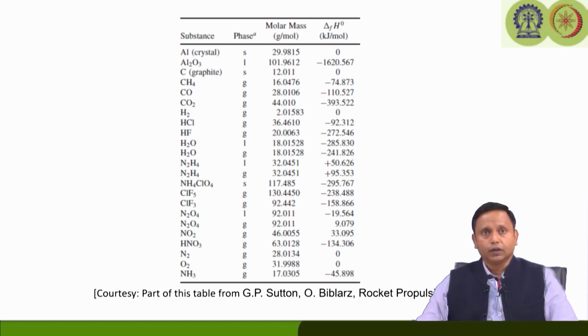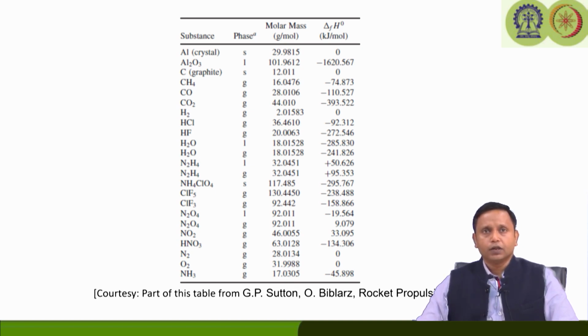Similarly, CO2 has -393.5, and there are various other products too; for example HCl has -92. So, generally for the products we look for large negative heat of formation, and for the reactants we want small negative or positive heat of formation.